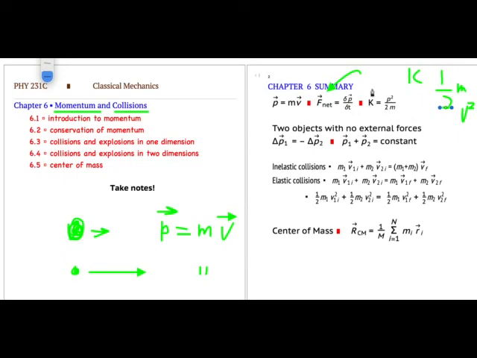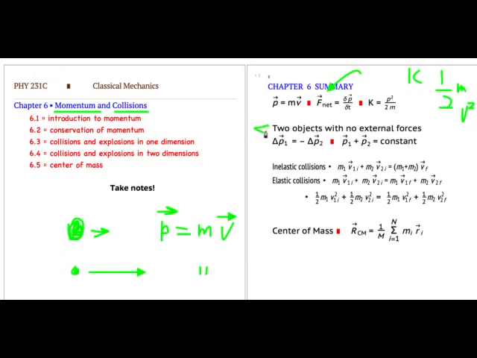So kinetic energy, which we already know is important because it's a conserved quantity, well, when combined with potential energy, is determined by momentum. It's the momentum squared divided by the mass.